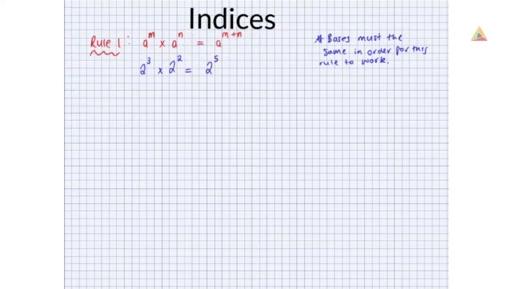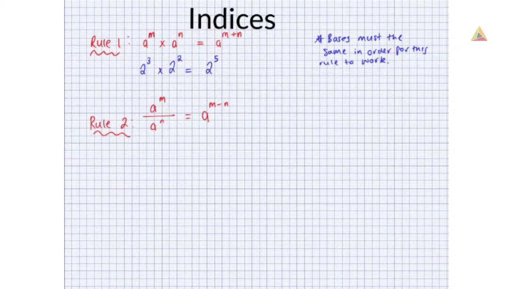So the second rule, and again this is how it will appear in the log tables, is a to the power of m over a to the power of n is equal to a to the power of m minus n. Again, the bases must be the same, so the value of a must be the same.